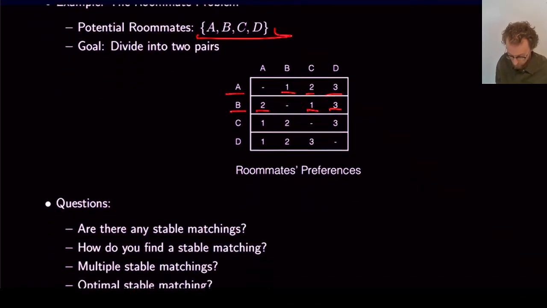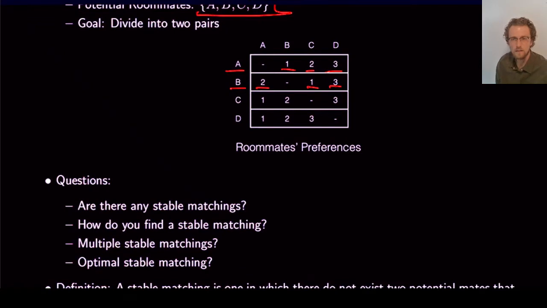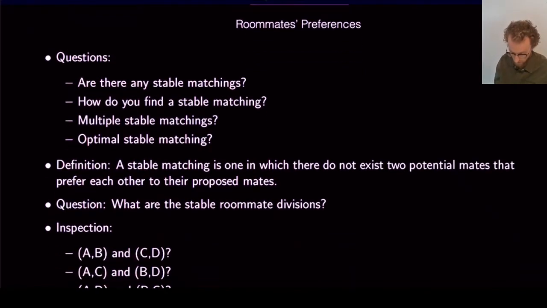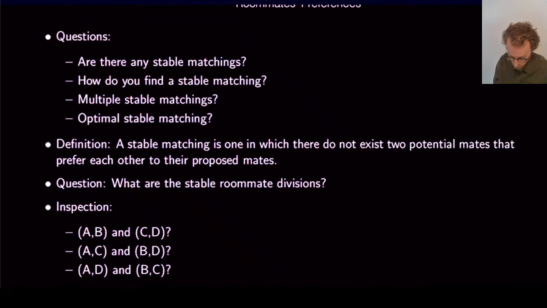Okay, so the question is, in the roommates problem, are there stable matchings? And it turns out that there aren't. I should say there need not be in the roommates problem. We worked through this in the last video, so I'm not going to bore you with it right now, but basically we looked at all three of the possible pairings, and we deduced that each one of them is not stable.